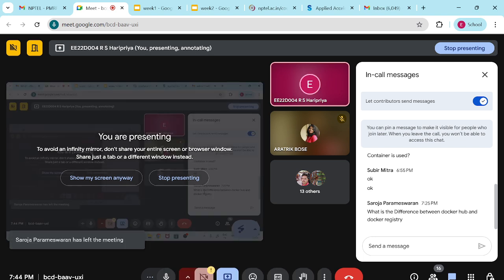Docker Registry is a storage and distribution system for Docker images. It can be public, which is Docker Hub, or private, which is self-hosted in our own organization. Is it clear? If it is public, then it is Docker Hub. And there can be private repositories also.